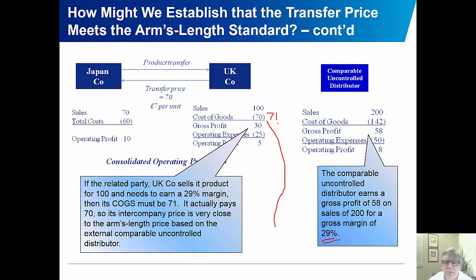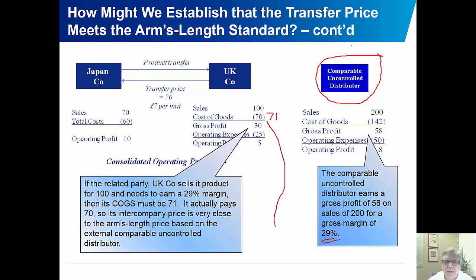If we were to go out and find a whole set of comparable uncontrolled distributors, and they were all fluctuating around this point of, say, 29, 30, 31, 32%, we'd have very strong evidence that says our UK firm, by earning a 30% gross margin, would be in the range, and therefore its transfer price would be defensible.